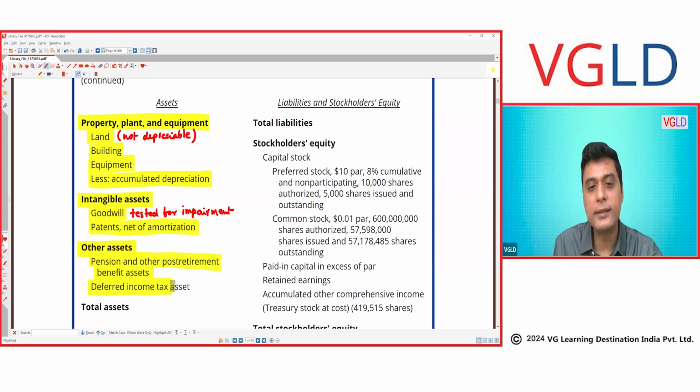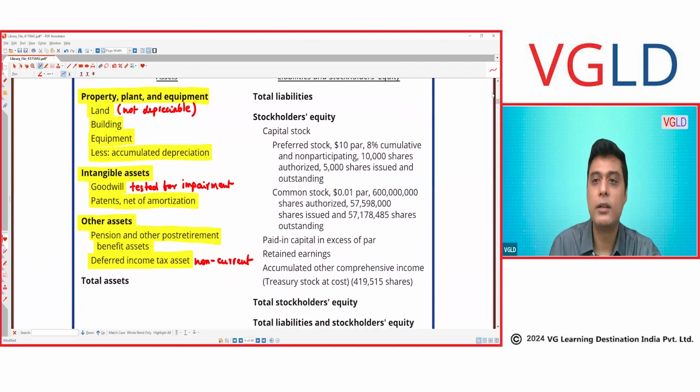So deferred tax asset is in the non-current section. Regardless of what gave rise to it, deferred tax is always considered non-current.